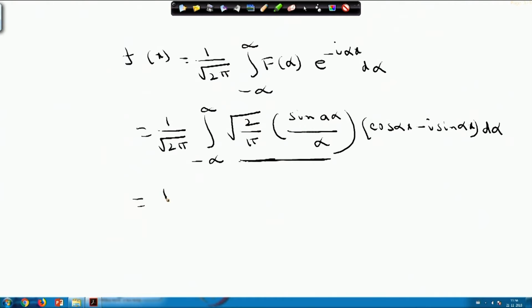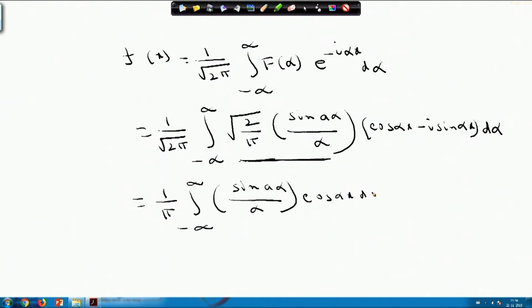If I simplify this, I can make two different integrals: 1 by pi times the integral from minus infinity to infinity of sin a alpha by alpha into cos alpha x d alpha, minus i by pi times the integral from minus infinity to infinity of sin a alpha by alpha into sin alpha x d alpha.